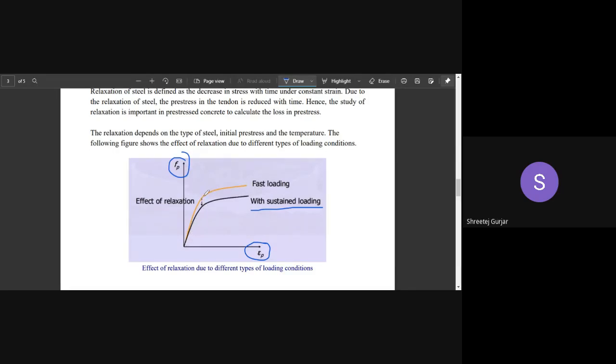You can see that the curve is not the same whenever we have sustained loading. The curve has decreased. There is a decrease in stress at the same amount of strain. The strain is the same, but there is a decrease in stress.